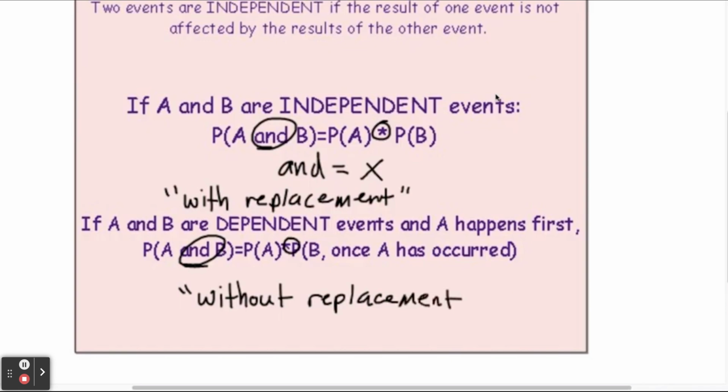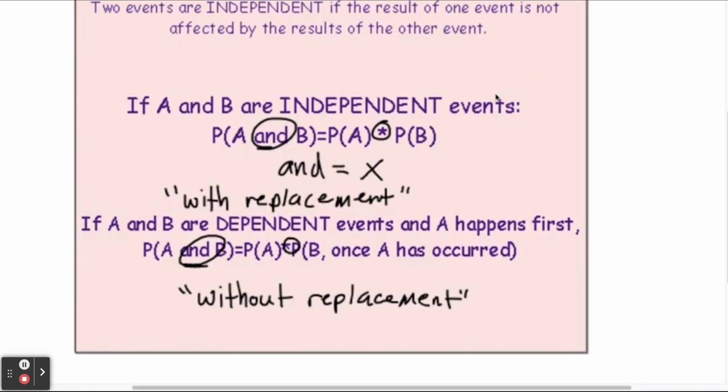A quick example would be taking marbles from a bag, but if you take out the marble and don't put it back in, you've now changed the total number of marbles in the bag, and that changes the probability. So the probability of pulling the second marble depends on what happened the first time you pulled a marble out of the bag.